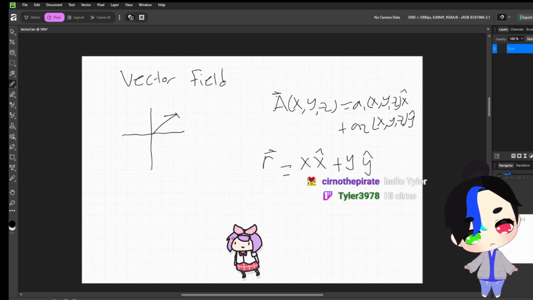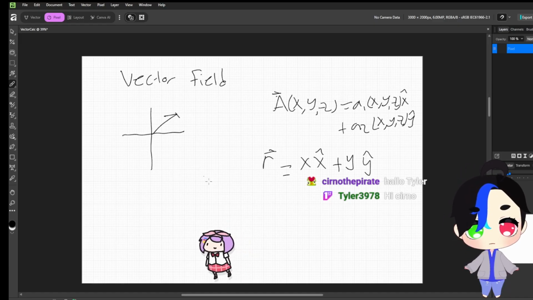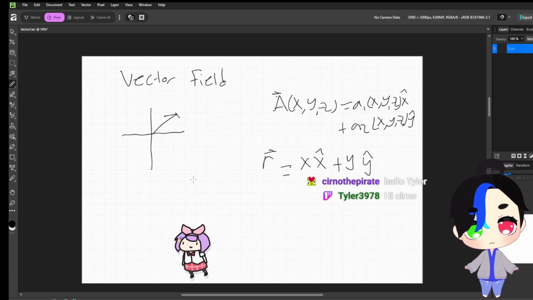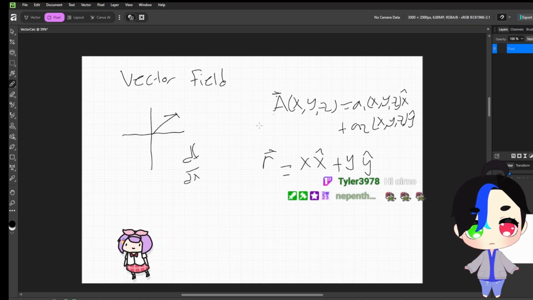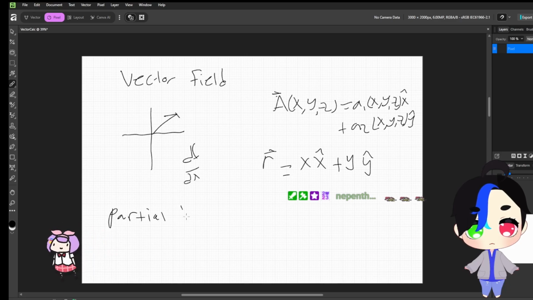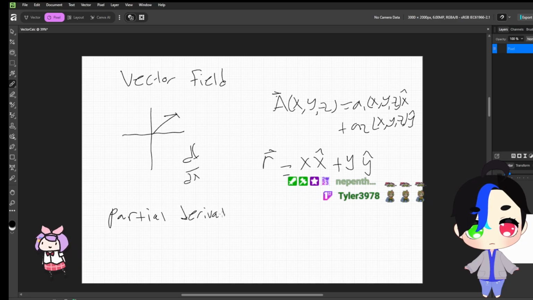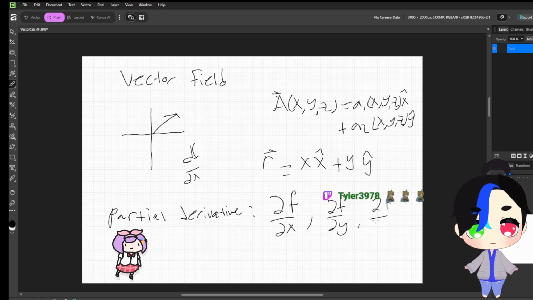Yeah. So, instead of just having one derivative like we had in normal calculus, where we just had df dx, since you have more than one variable, you have to define what's called a partial derivative. And that looks like partial f partial x, partial f partial y, and partial f partial z.